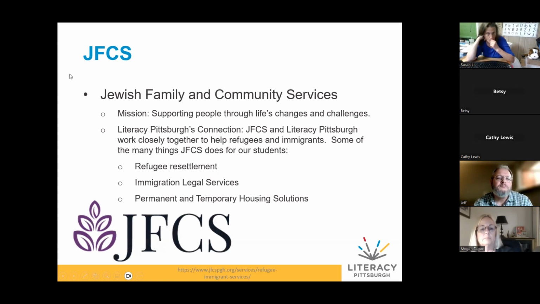And then one of the partners within ISAAC is JFCS, which is the Jewish Family and Community Services. They work very closely with us to help refugees and immigrants coming into Literacy Pittsburgh and Pittsburgh in general.